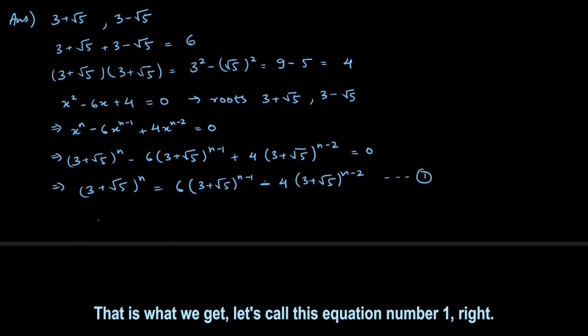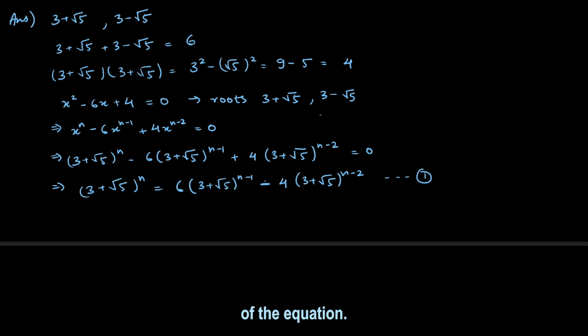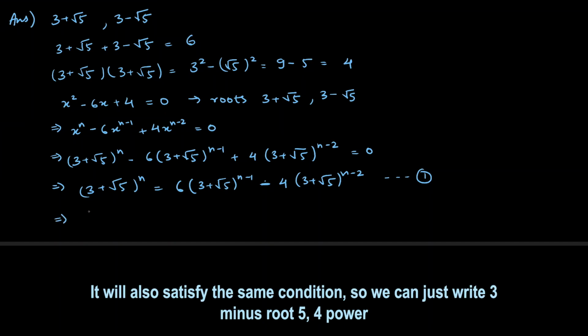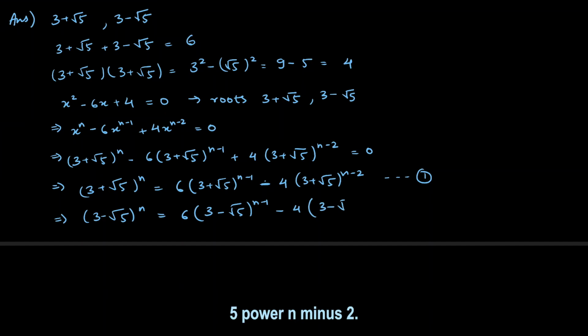Let's call this equation number 1. Now similarly, 3 − √5 is also a root of the equation, so it will also satisfy the same condition. So we can just write (3 − √5)^n = 6(3 − √5)^(n−1) − 4(3 − √5)^(n−2).